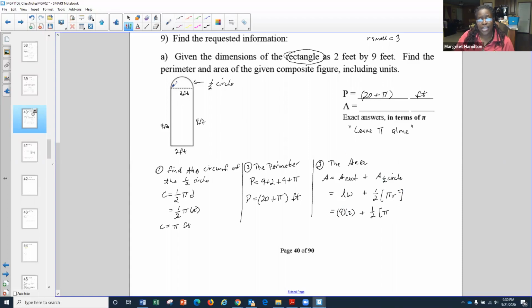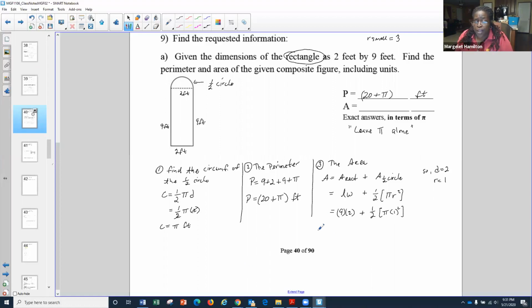Now, they gave us a diameter of 2. So if D equals 2, then the radius equals 1. So 1. There's our plug-in.